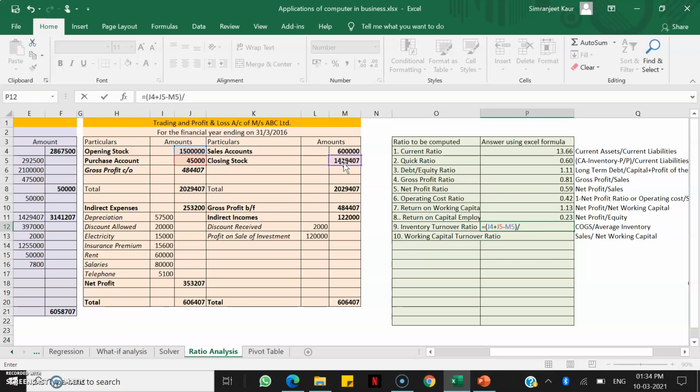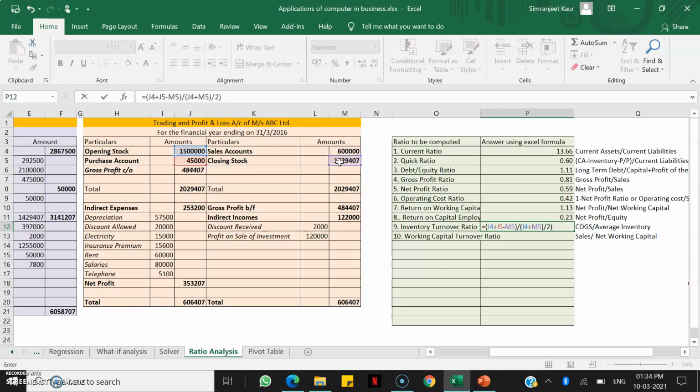So for average inventory, what I will do is bracket start my opening stock plus my closing stock divided by 2, right.